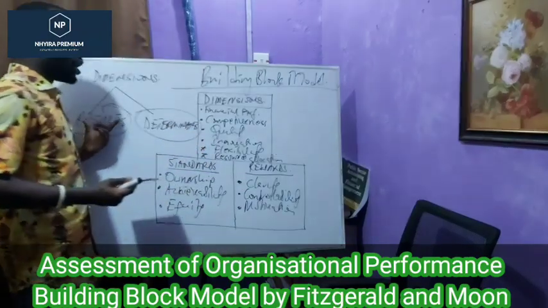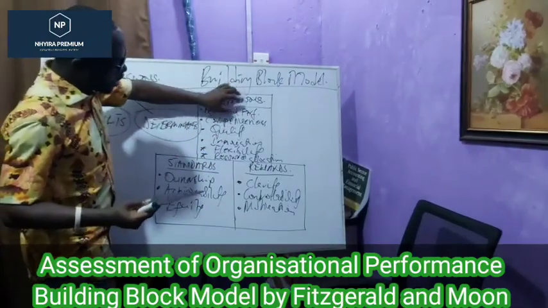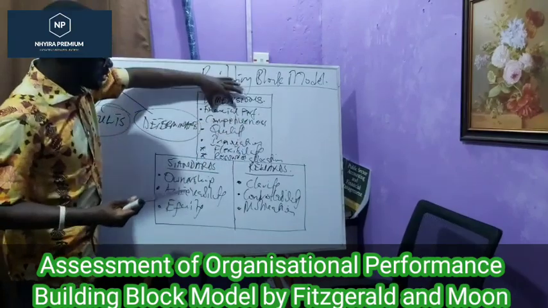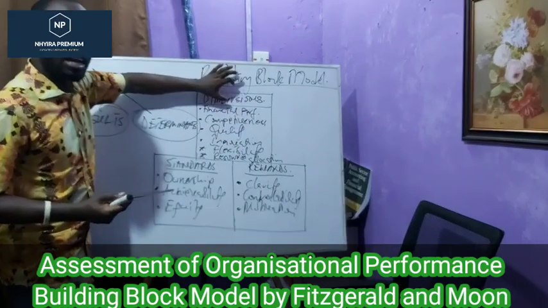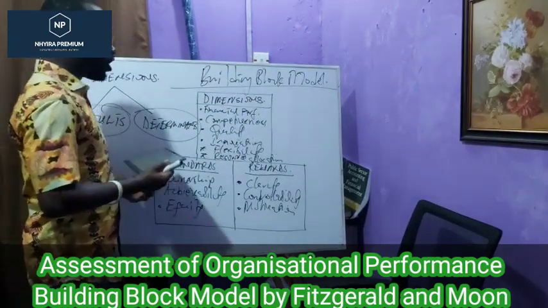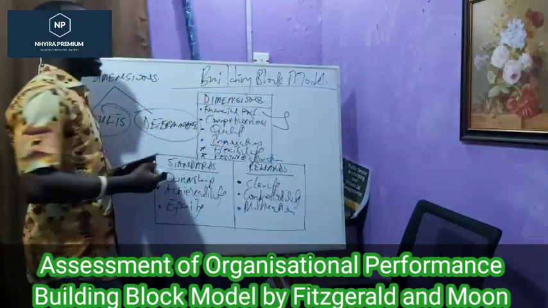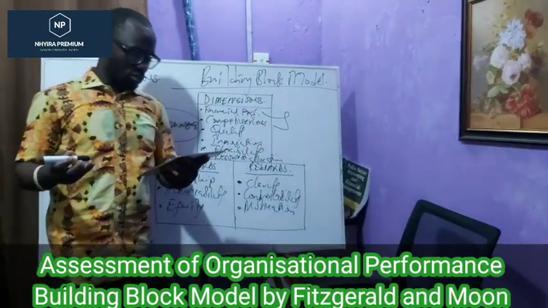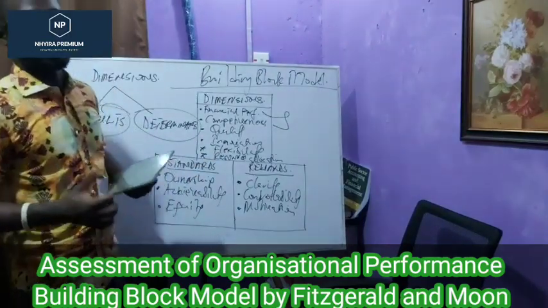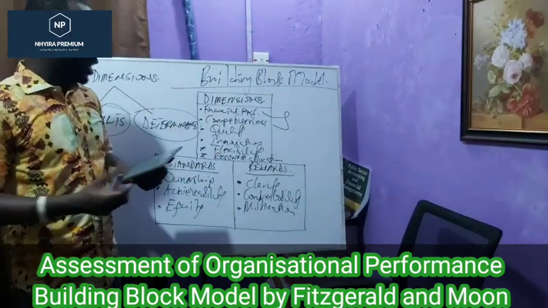That is what we mean by results. So under the dimension, you realize that we have 6 key indicators here. Now, the results are the issue in relation to the financial performance and then the competitiveness.